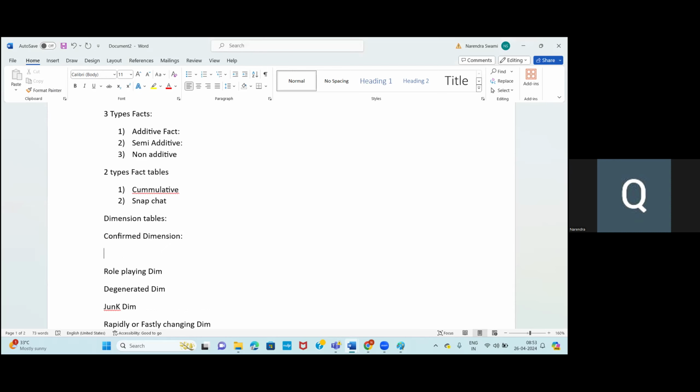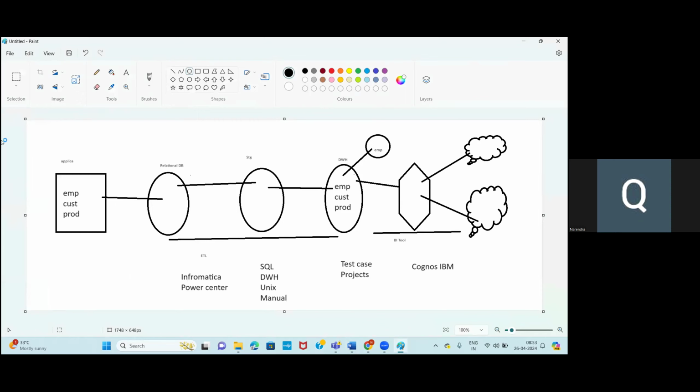What is conformed dimension? Suppose a table. I told you dimension tables and fact tables will have a relation.